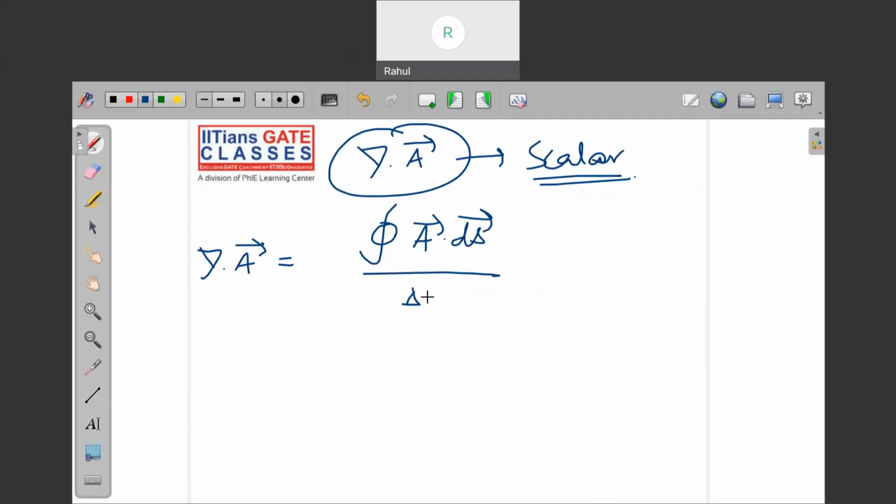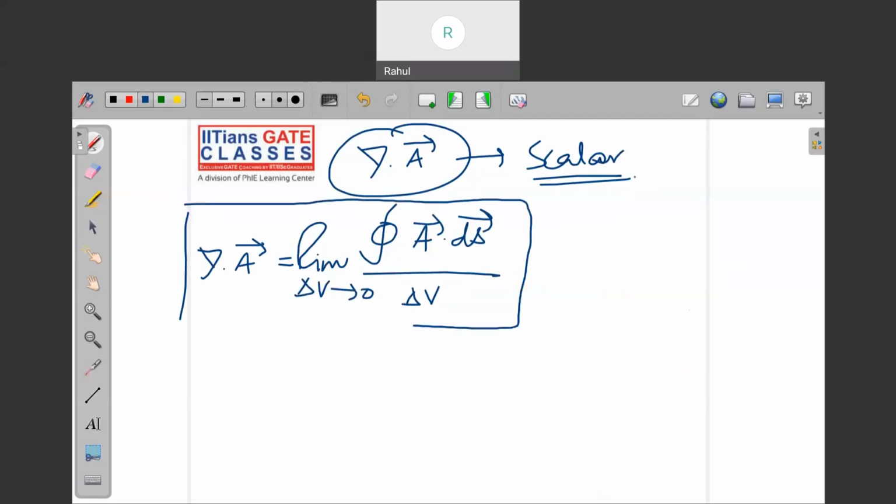When we make the differential volume go to zero, whatever net outward flux you are getting is going to be the divergence. So the divergence is the net outward flux.